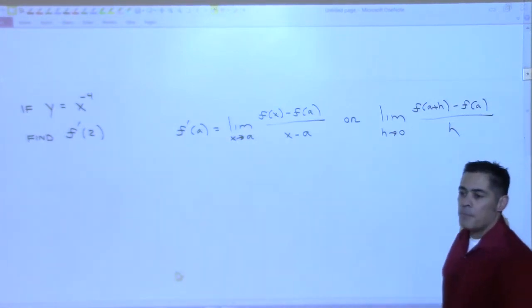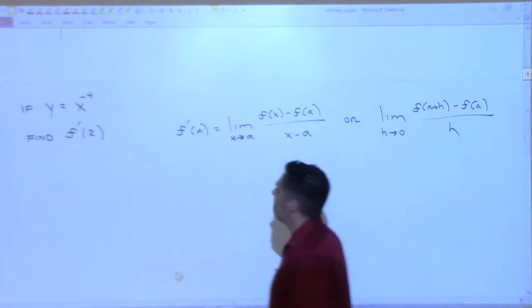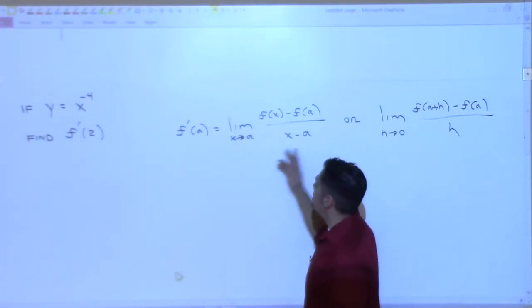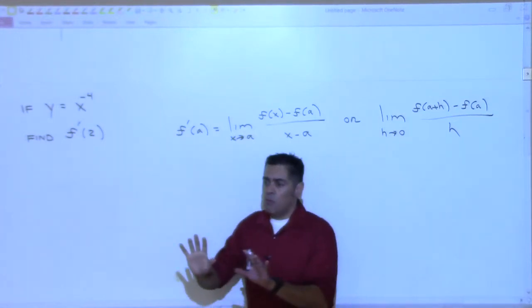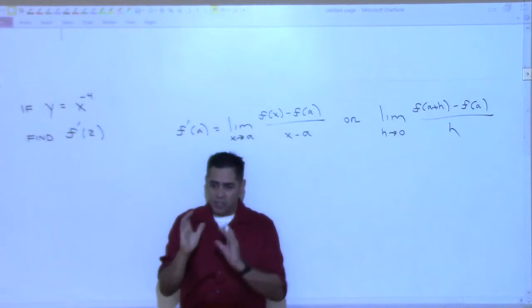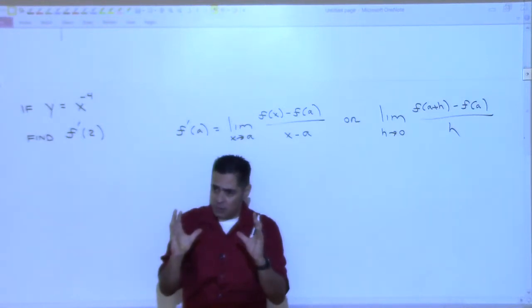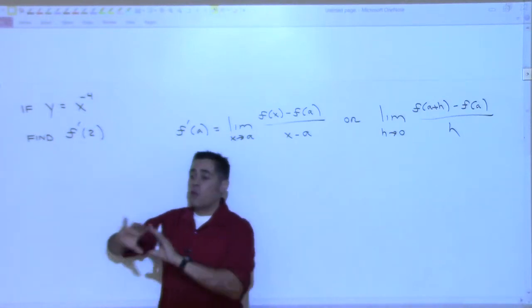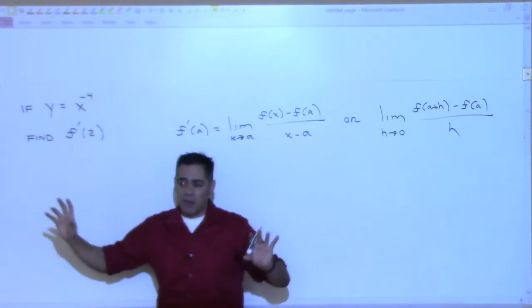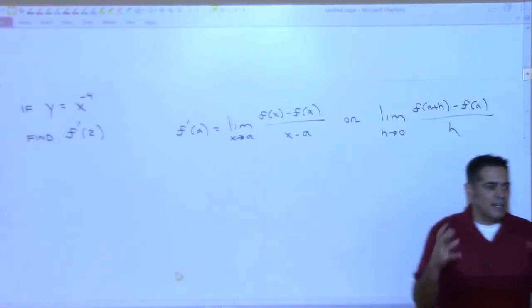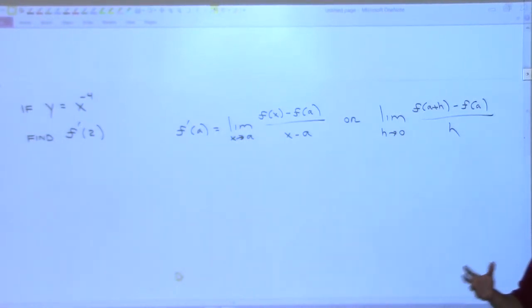What about the x minus a on the side where you multiply it? What about it? No. Okay, so we're trying to find f prime of 2. F prime is just the limit part. It's just the slope. That's all it is. I'm not asking for the equation of the line. That would require more work. So this is actually easier work because all you're doing is finding that limit. Are we clear?